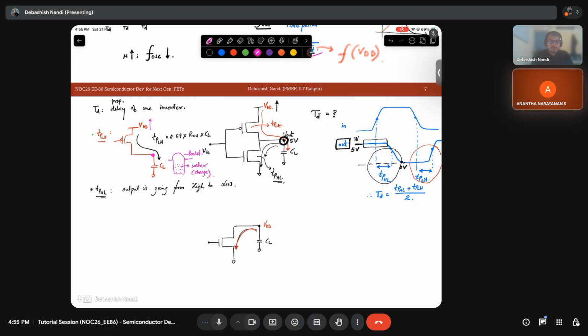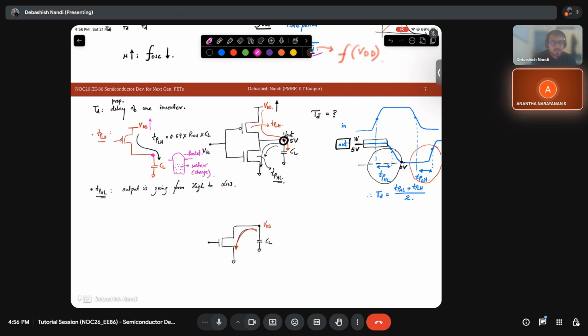Sir, the bucket will already have some water, right? Let's say the bucket can be charged to any value, and I can fill it with an arbitrary amount of water. If you want to fill 1 liter of water and if you want to fill 5 liters of water, in which case will you take more time?